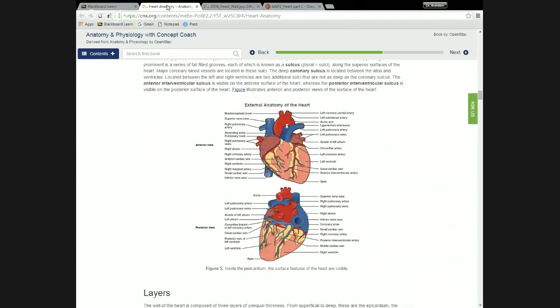We won't deal too much with the external anatomy of the heart. But as you look at it, you can usually tell the difference between the ventricular and the atrial regions. The tissue just looks kind of different.